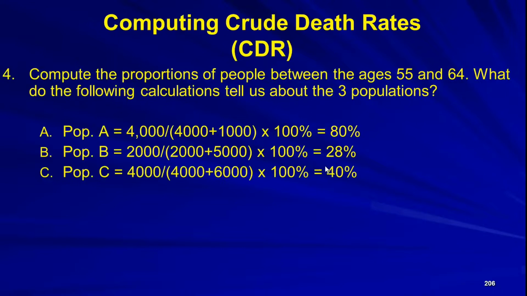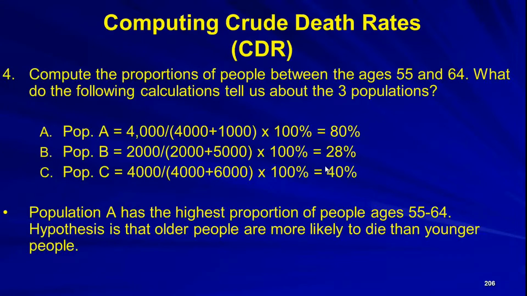In population C, there are 40%. Now, population A has the highest proportion of people ages 55 to 64 years of age. So we assume that the older you are, the more likely that you're going to die versus those in the other two populations in which they are younger.